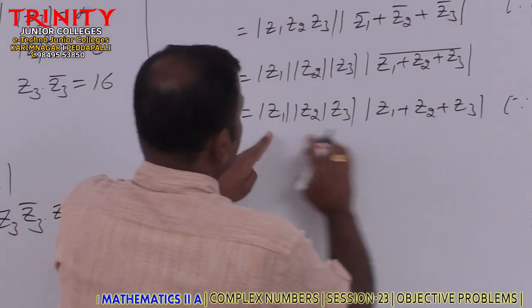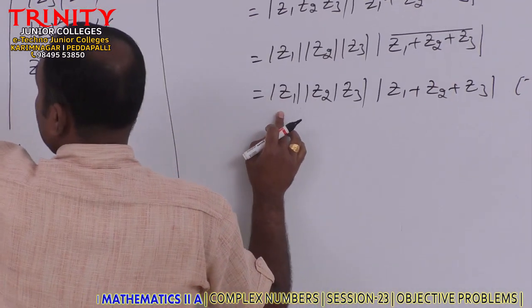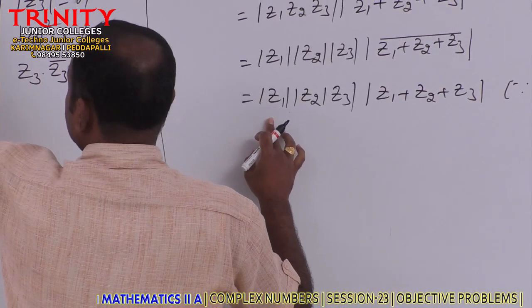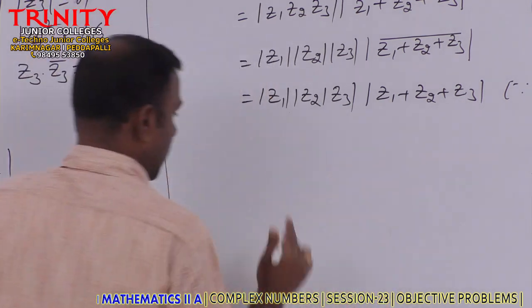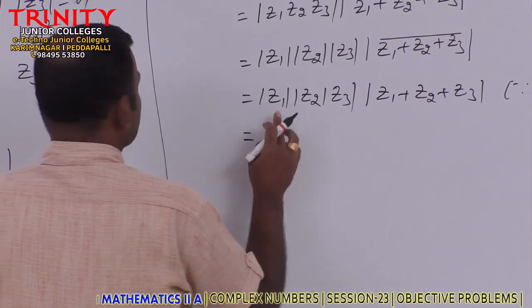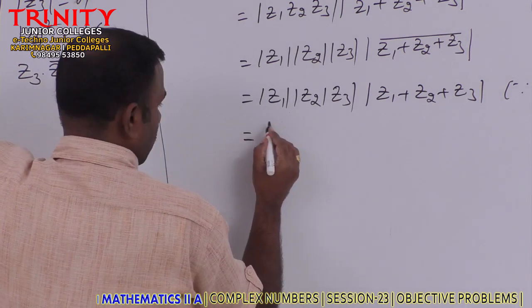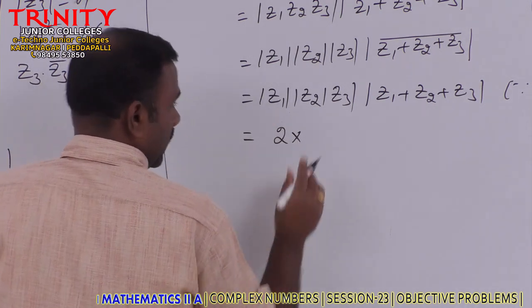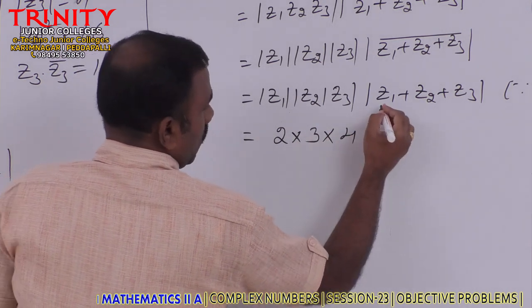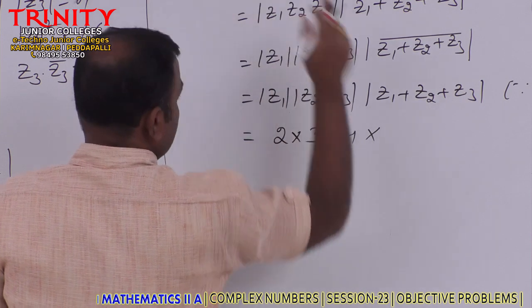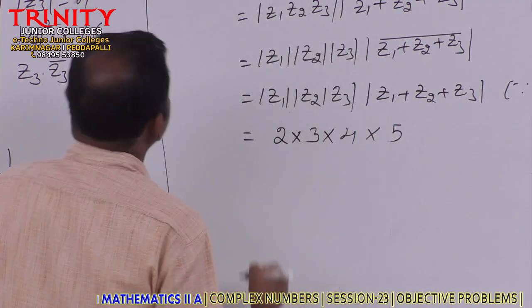Now all four values we have: mod z1 is 2, mod z2 is 3, mod z3 is 4, and modulus of z1 plus z2 plus z3 is 5.